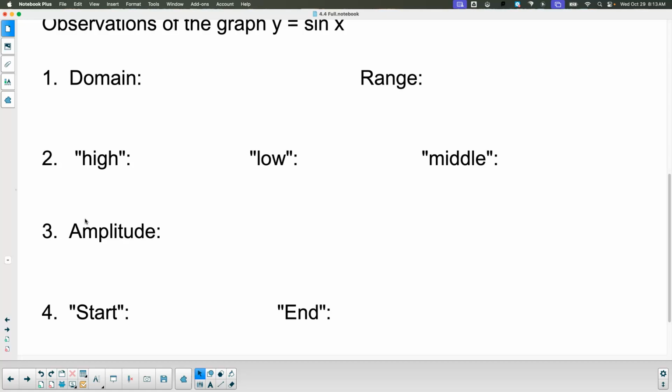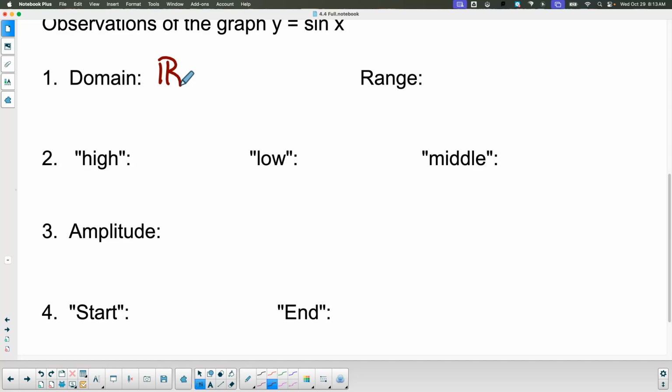First off, the domain of our sine curve will always be all real numbers. The range, now we're talking y values. Domain was x's. We only drew the first lap, but that one would go on forever and ever in both directions. Range, smallest that my y's get, -1, biggest that my y's get, 1.